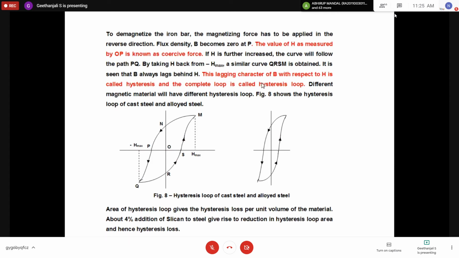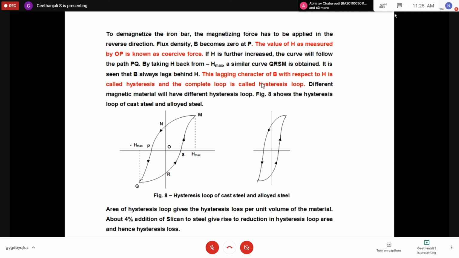If H is further increased, the curve will follow the path of PQ. By taking H back from H max, a similar curve QRSM is obtained.